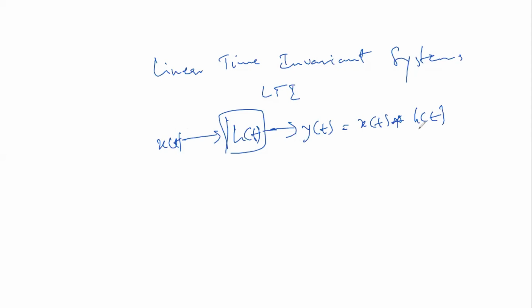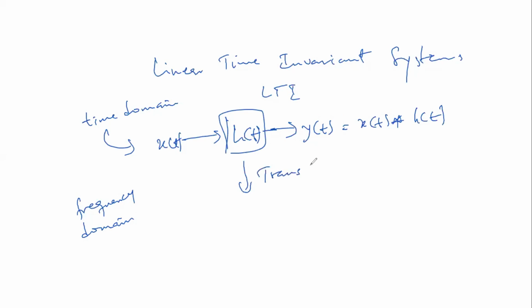We said we are literally talking in the time domain, but if we have to play with some of these things in practice, it's easier to relate with these activities in the frequency domain. So how do we move all of this system analysis from the time domain to the frequency domain? Then we talked about transforms, and that brought us to another interesting concept.